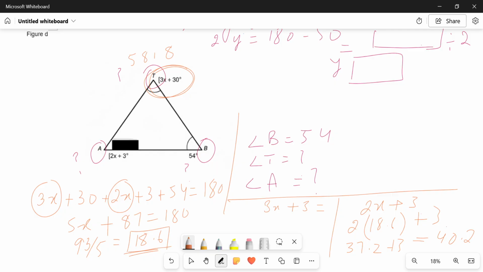So this angle is 40.2. This is how you need to find it.